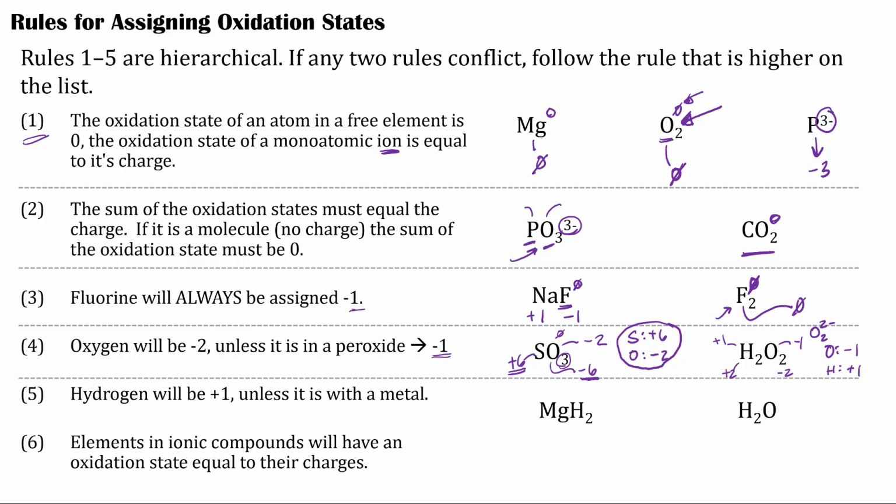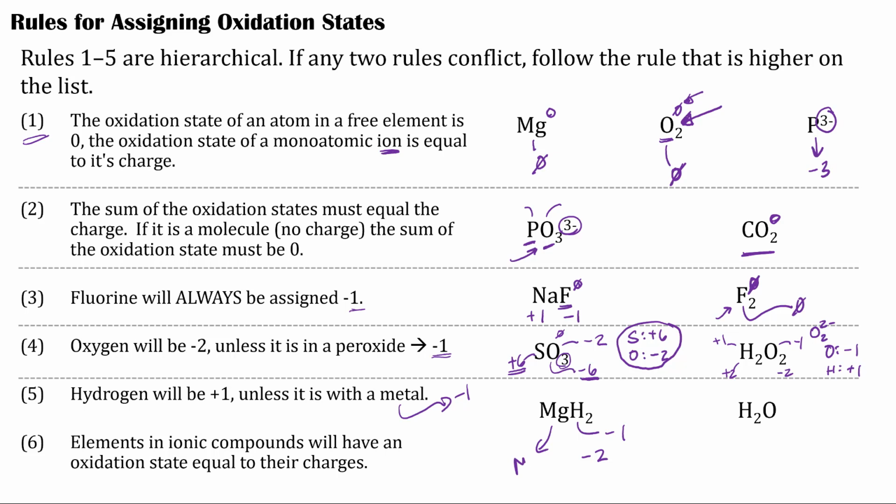All right, it says hydrogen will be +1 unless it's with a metal. If it's with a metal, it's -1 because then it's the most electronegative. And elements in ionic compounds will have an oxidation state equal to their charges. So hydrogen is with a metal here. Magnesium is a metal, so it's going to be -1. And we've got 2 of them, so that would be -2 altogether.